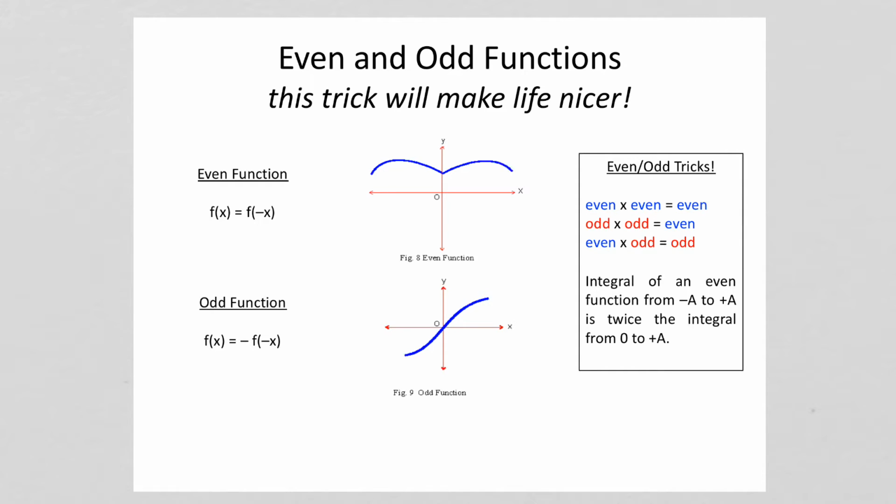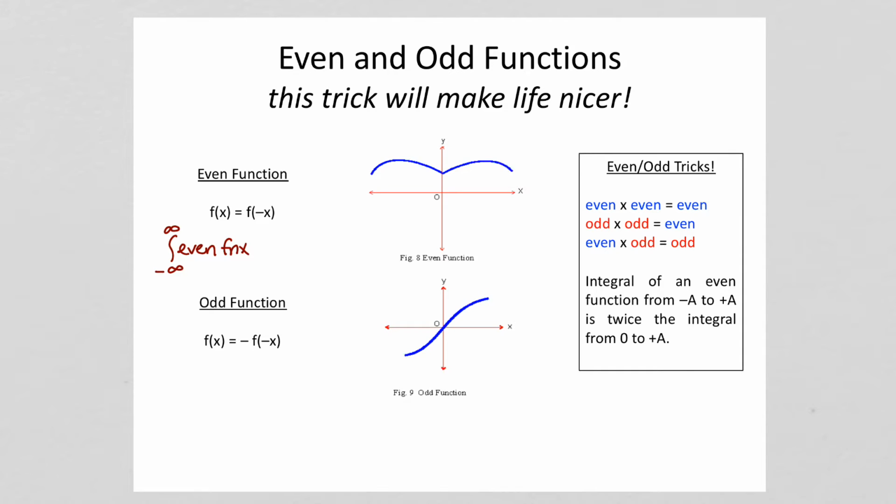So what's nice there is that if you need to take the integral of an even function over a full set of bounds, here negative infinity to infinity, that integral over that full range would be the same as the integral from 0 to infinity times 2, right? Just due to our symmetry of that function.